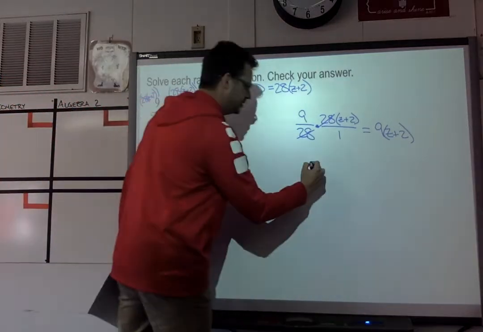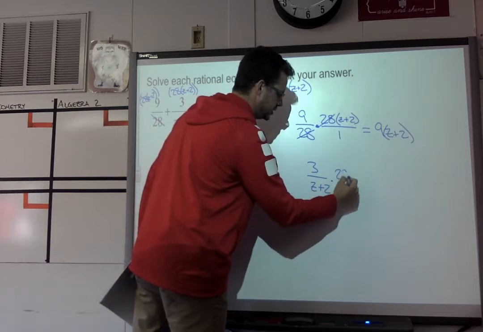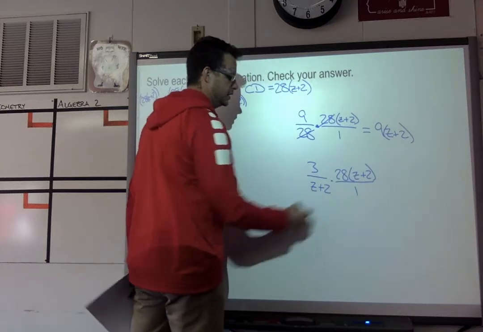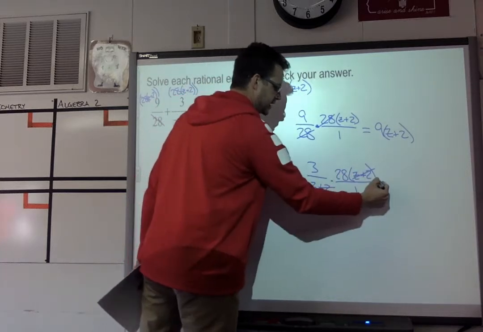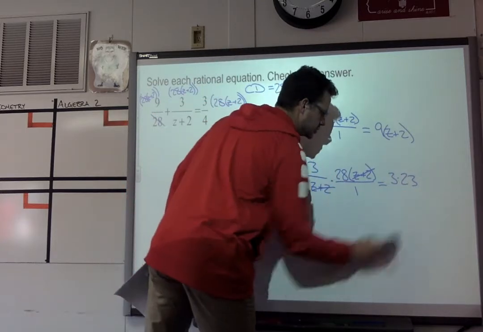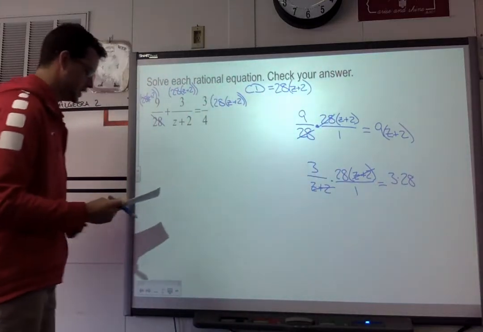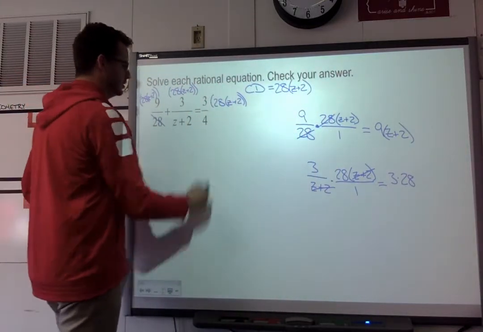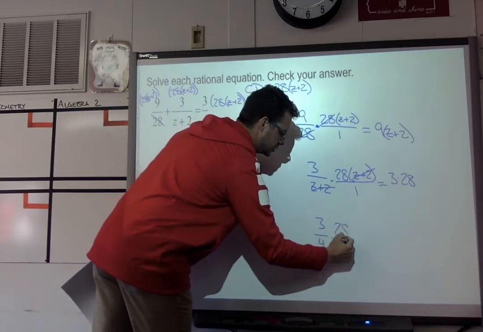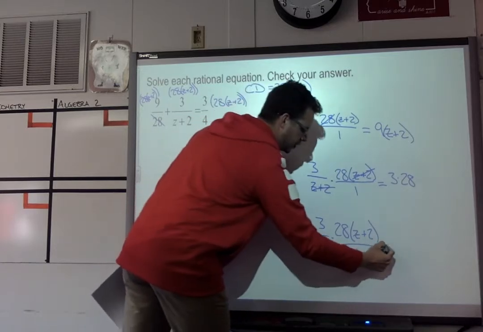So then I've got 3 over z plus 2 times 28 times z plus 2 over 1. Here my z plus 2's cancel, and I'm left with 3 times 28. And then my last one, 3 over 4 times 28 times z plus 2 over 1.